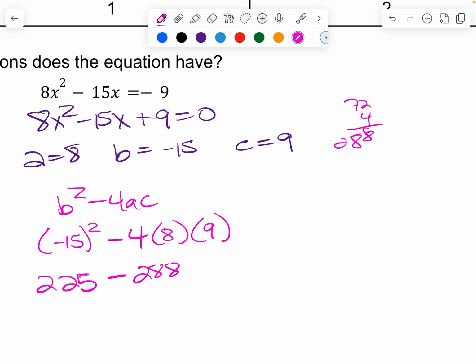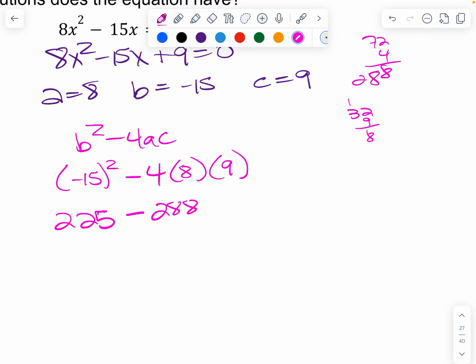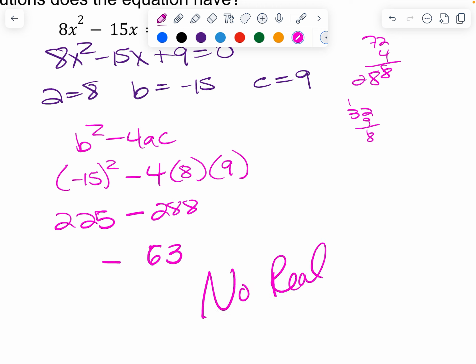Is that right? 32 times 9, 288. Yep, that's right. So that will get us negative 63. So again, no real solution.